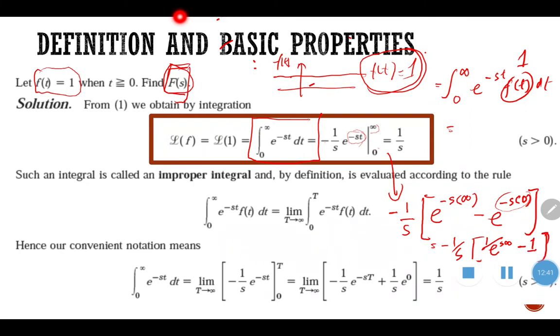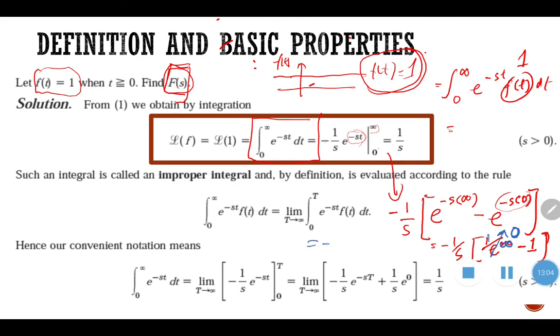Am I right? Okay. So s times infinity, whatever the value of s is, once it is multiplied by infinity, it will be a very big number, right? So 1 over a very big number will be very close to what? Very close to 0. Correct? 1 divided by something large, you will get 0.000 something.